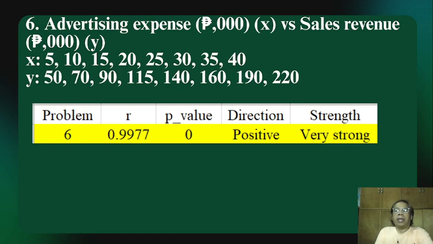So from there, our P value is 0, the direction is positive, the strength is very strong.